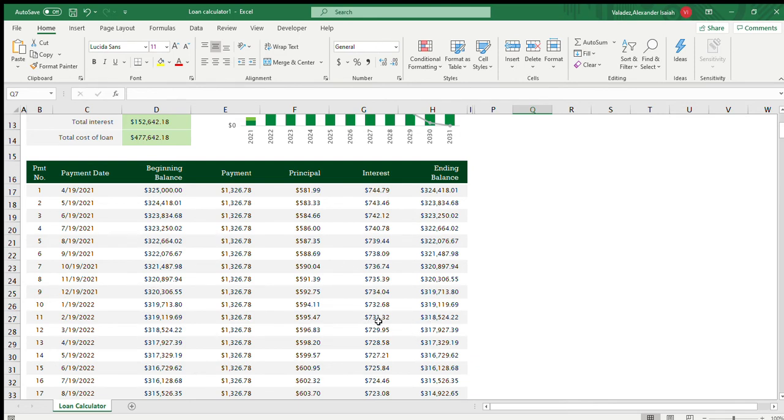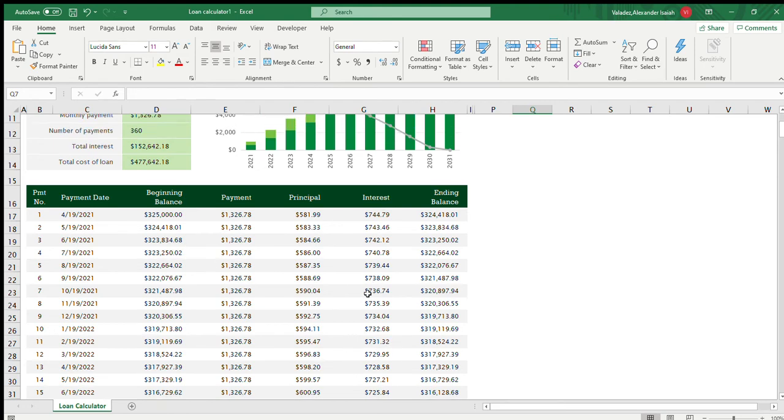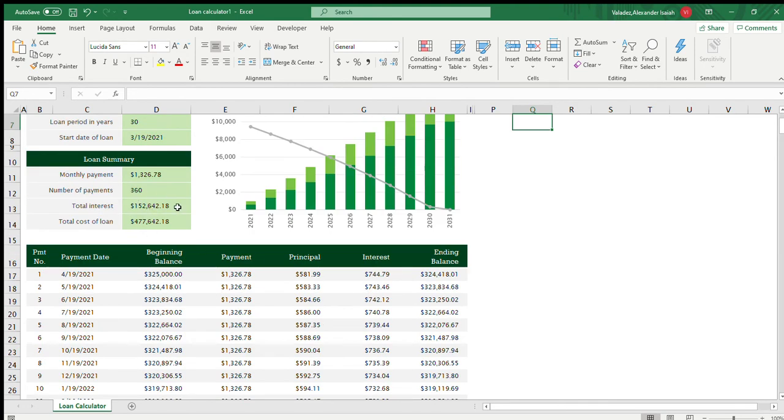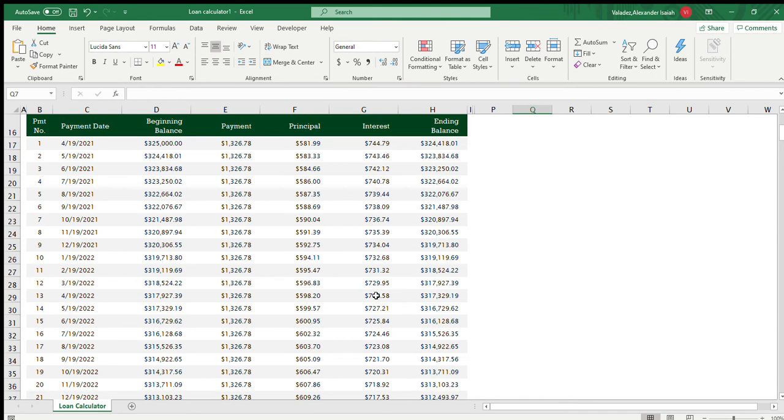$731 or $732 is what you're just paying towards interest, which accumulates to your total interest price right here. So it's pretty interesting. As you can see, you pay more interest upfront and your principal is less.